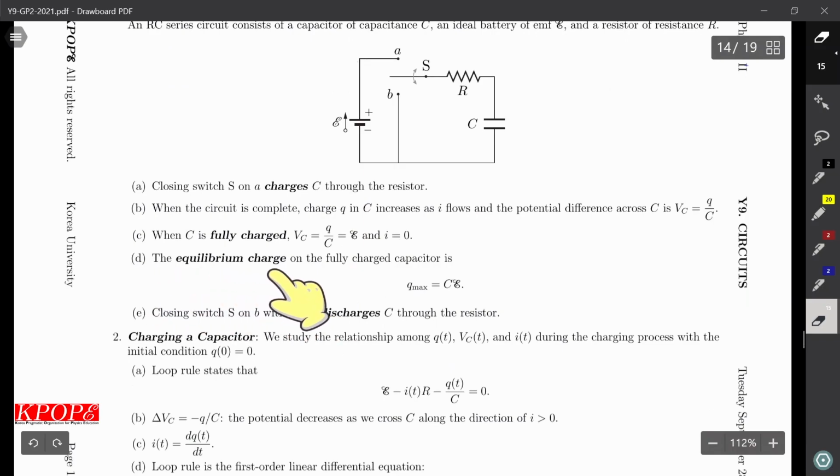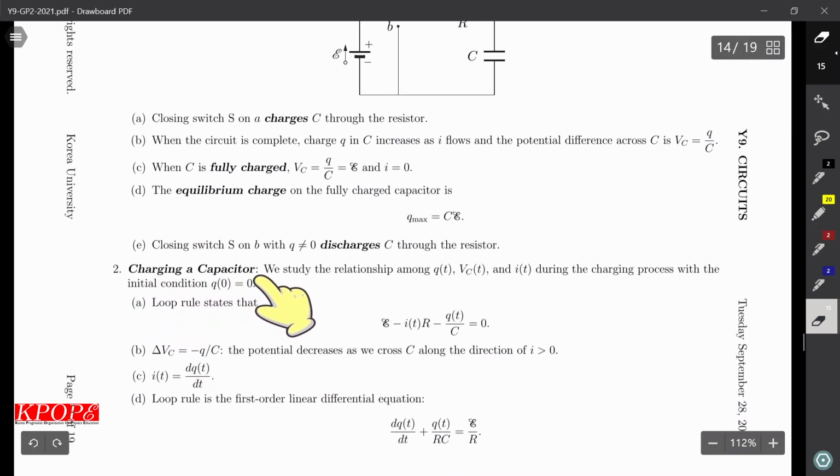The equilibrium charge, that means when the capacitor is completely fully charged, then Q becomes CV, and V is replaced with the potential difference of the EMF device. Charging a capacitor.